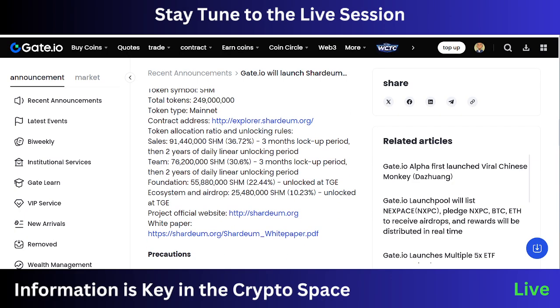The second is the allocation for the team.